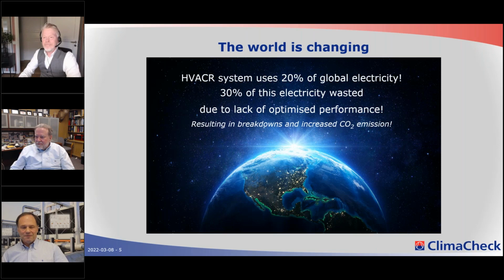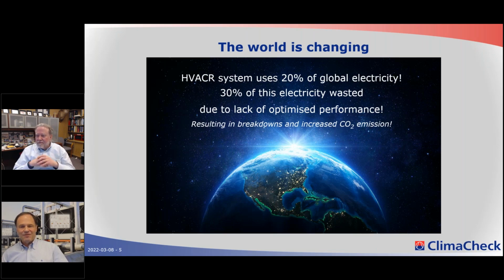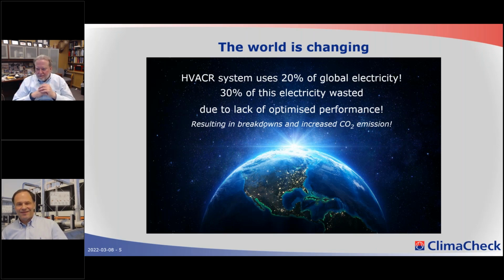Yes, so I mean, we think that we are really into a hot topic at this time. We all know that the air conditioning systems and refrigeration systems, heat pump systems, use 20% of the global electricity roughly. And we waste a lot of electricity as they are not working as they are intended to.